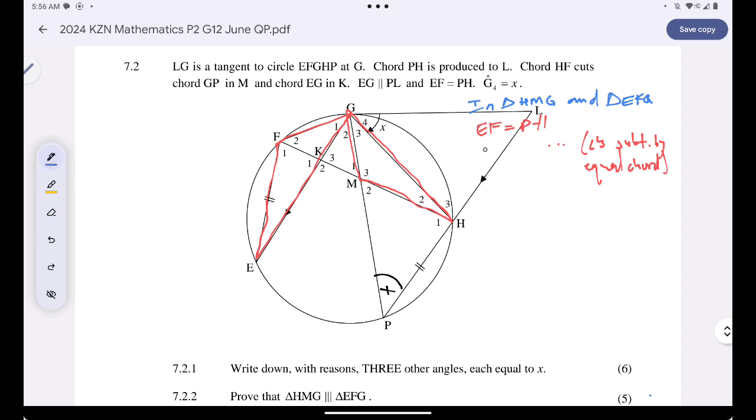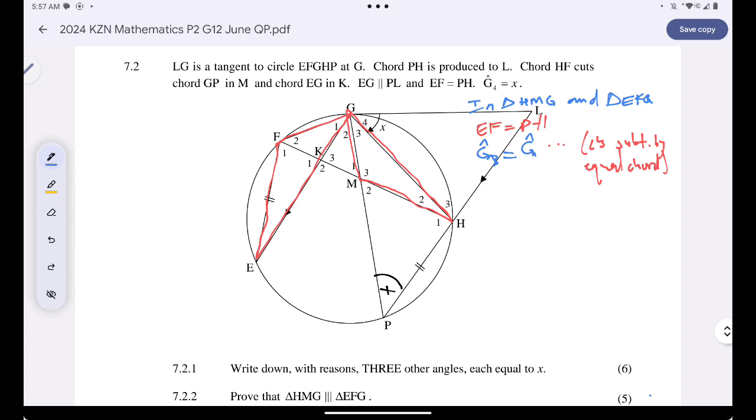That means I'll have, for HMG, G3, and then for EFG I'll have G1. These two angles are subtended by the same chord. I'm comparing two triangles that are similar, right?